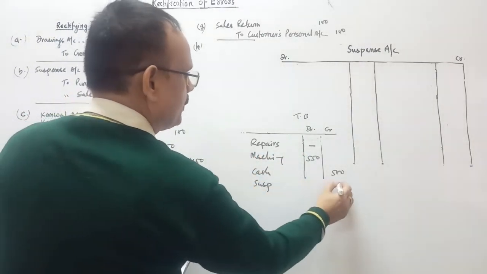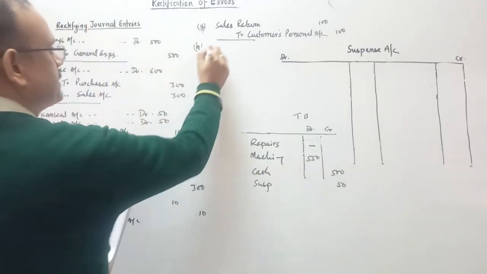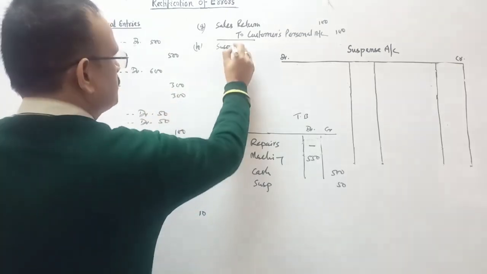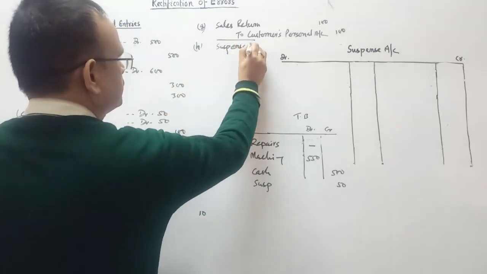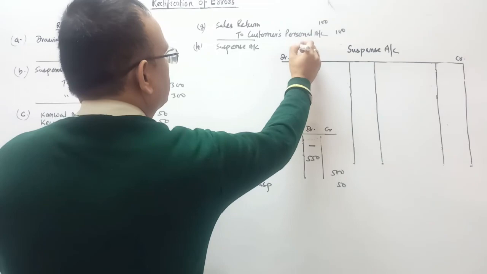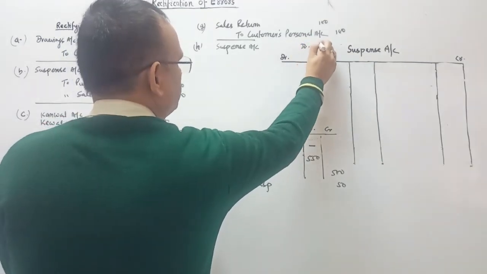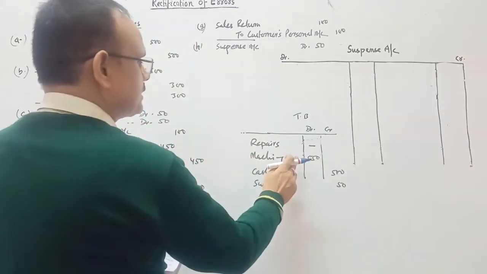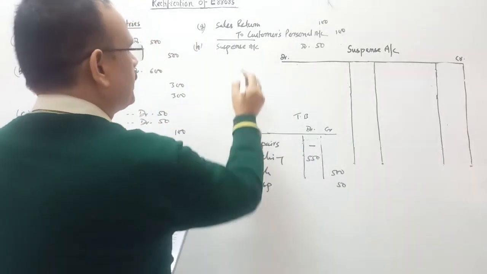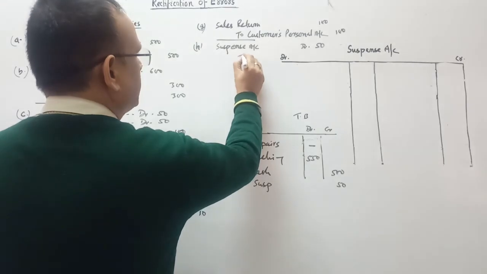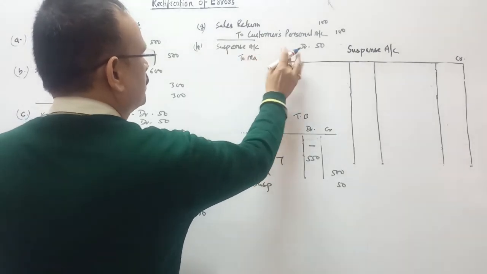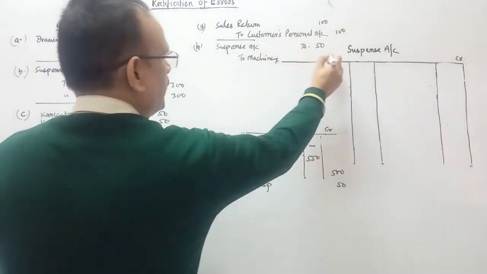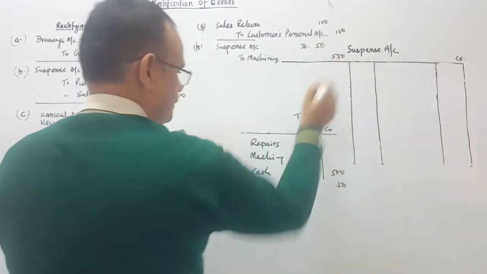So suspense will be in the credit side. So cancel the suspense: you debit the suspense account first, 50 rupees. There is no mistake in the cash. Machinery, you have to cancel. For that, you credit the machinery account by 550 rupees.